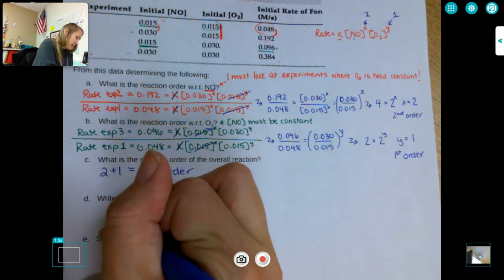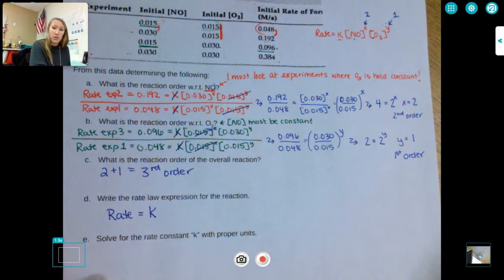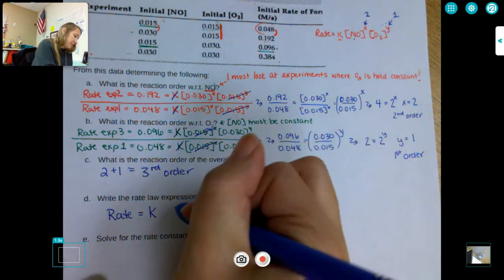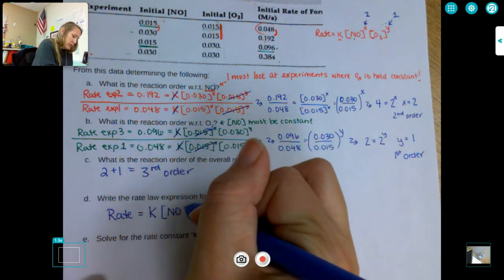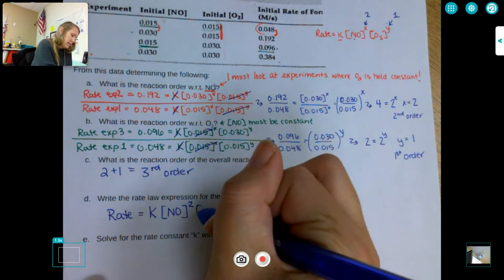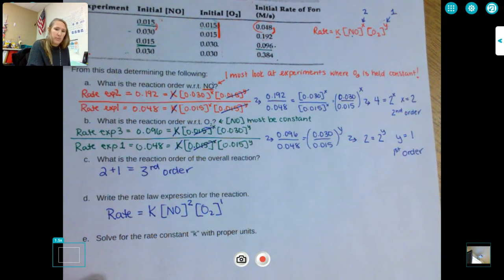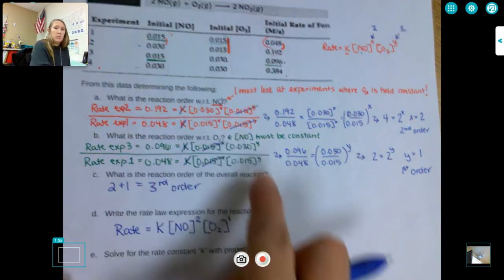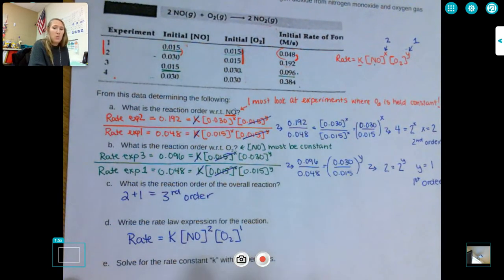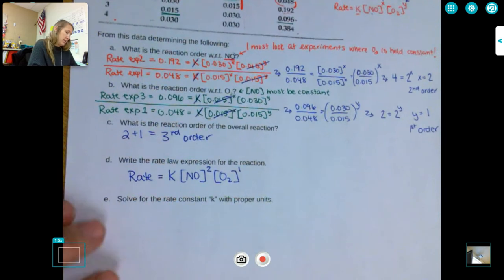So I say that the rate is equal to K, because I still don't know what K is yet, times the concentration of nitrogen monoxide to the second times the concentration of oxygen to the first. Okay. Now, because we know experimental data, we can plug in for my rate and my two concentrations to solve for K, which is my rate constant.